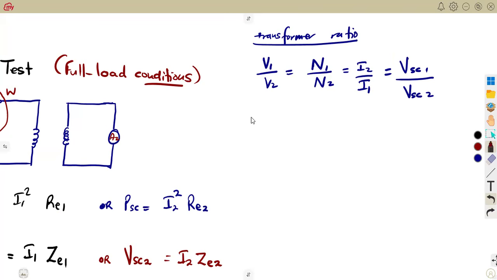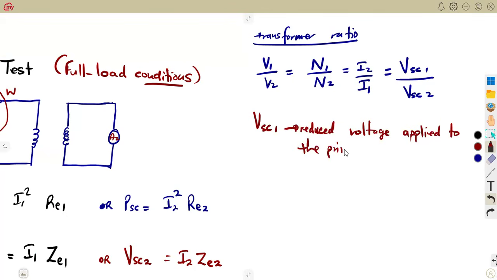All right, let's talk about these. I said the first one simply represents the reduced voltage applied to the primary side. This is what you're going to need.